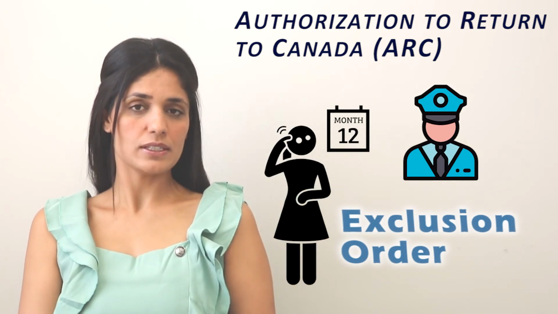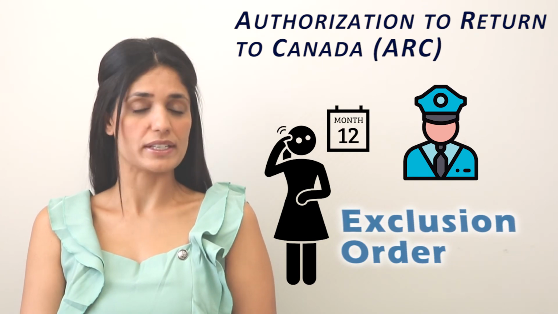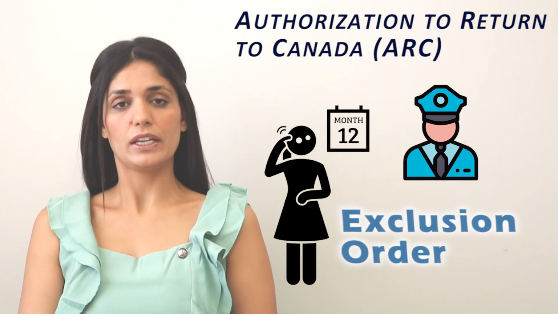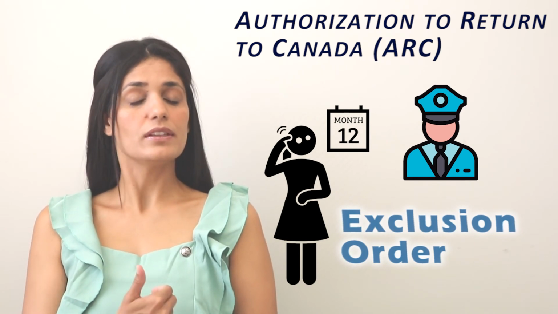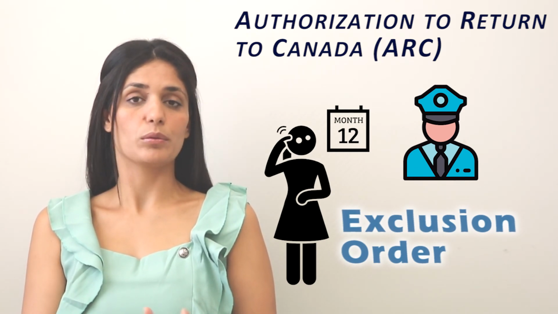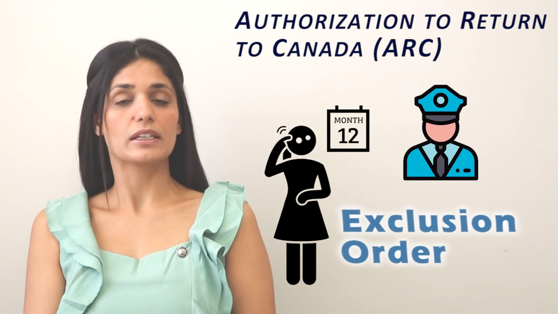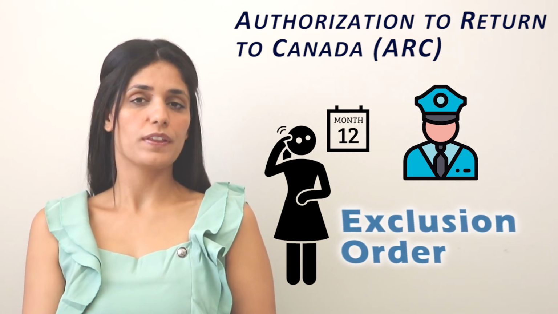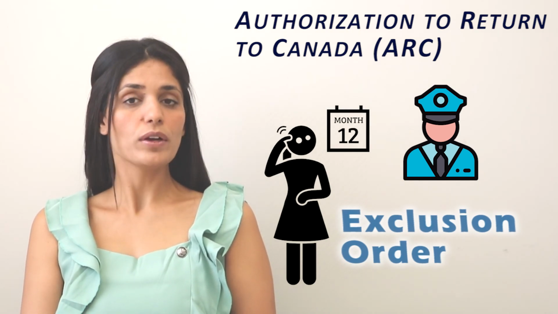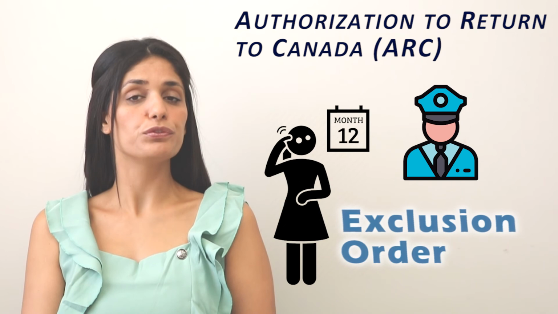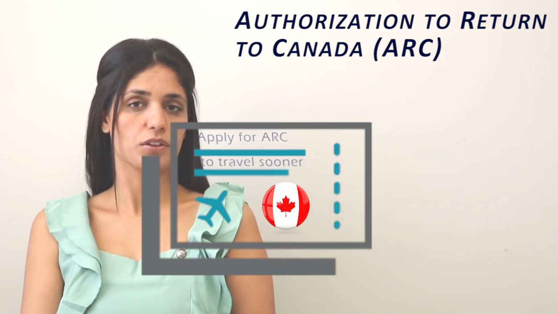If you comply with that, let's say for example today's January 1st, 2020, and you stay out of Canada until January 1st, 2021, then the idea is that you can make a regular visitor visa application, for example, on January 2nd, 2021, without applying for the authorization to return to Canada. However, if you want to come before the 12 months, then you do need to apply for the authorization to return to Canada.